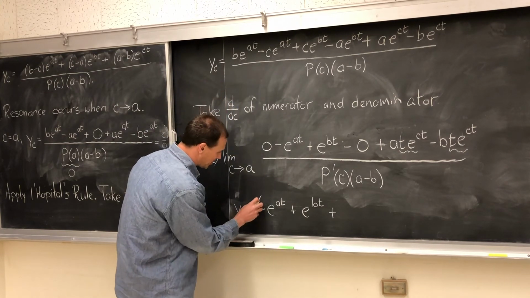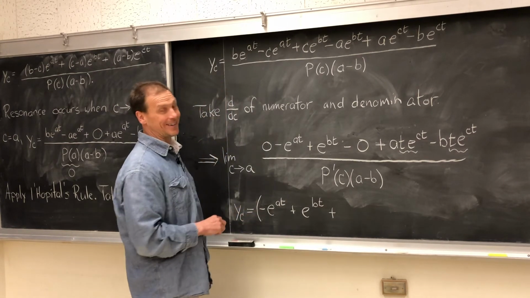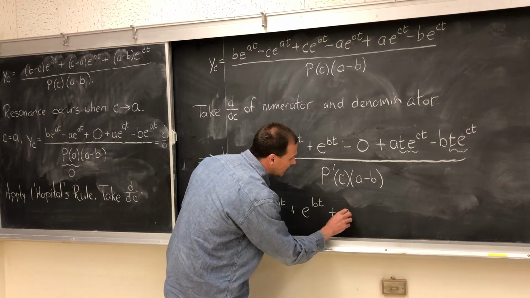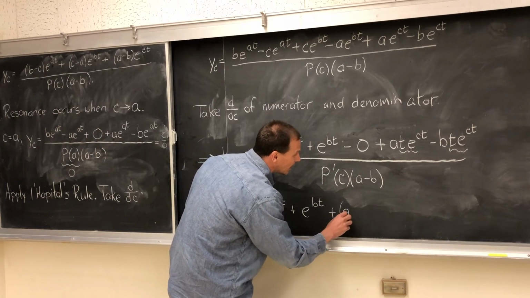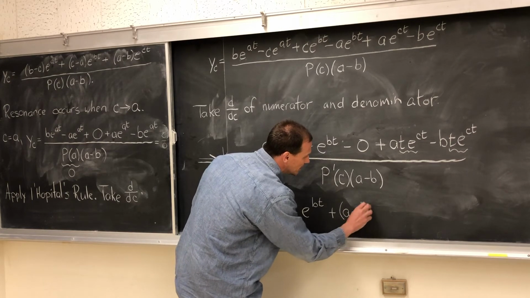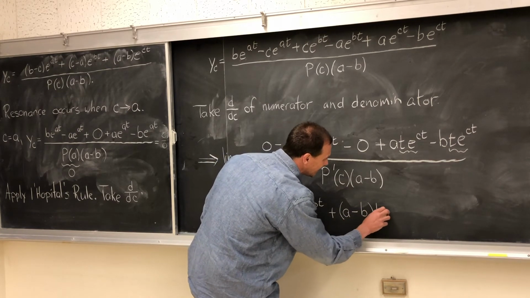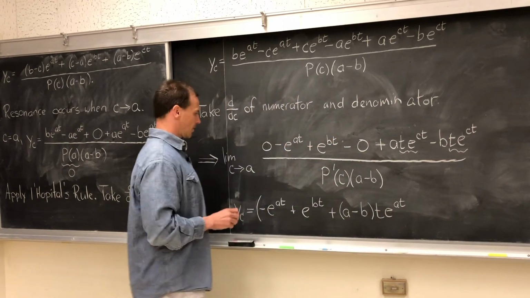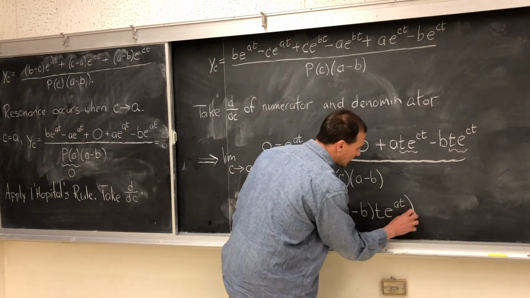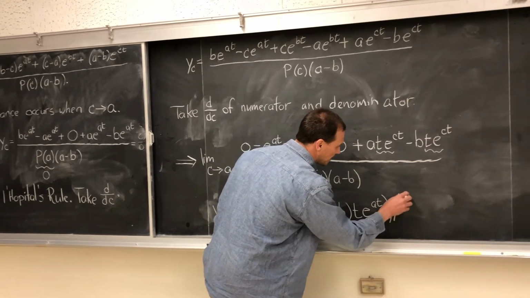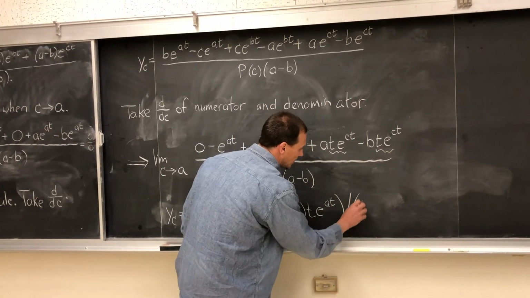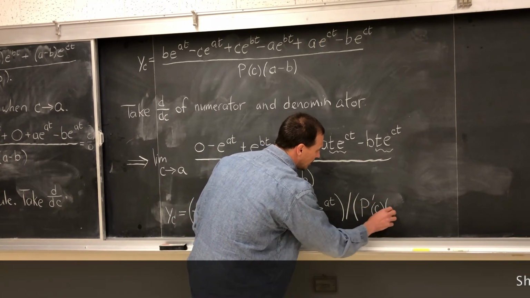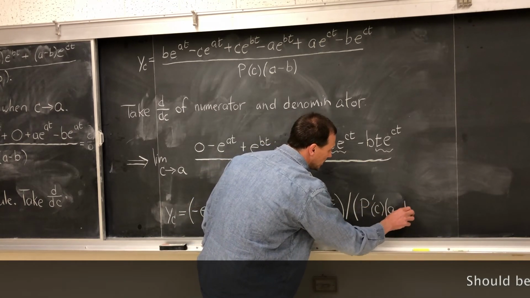I'm going to put a big parenthesis here. I ran out of room for my denominator. Plus a, parenthesis, a minus b times t e to the at. All of that is over my denominator, which is p prime of c a minus b.